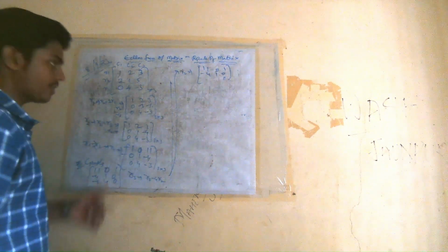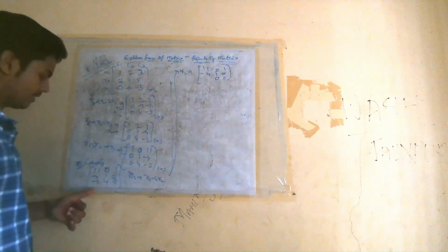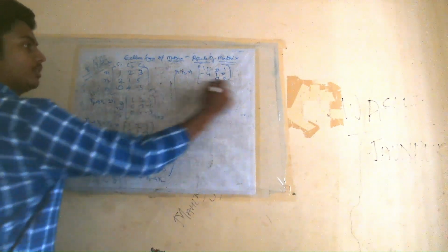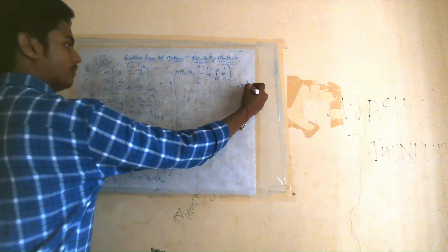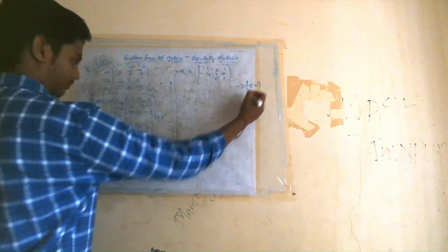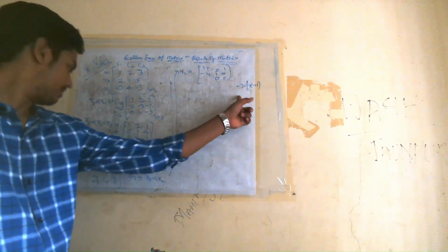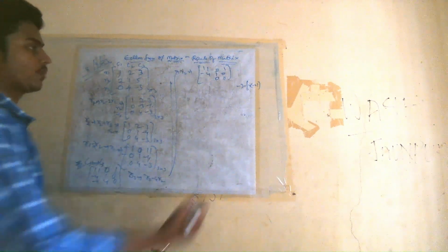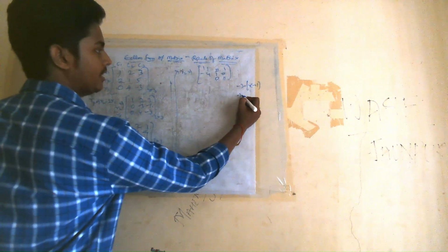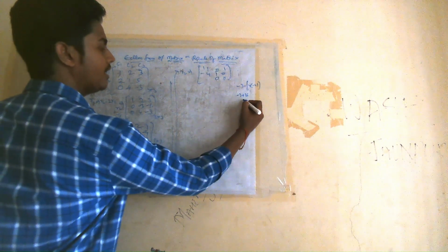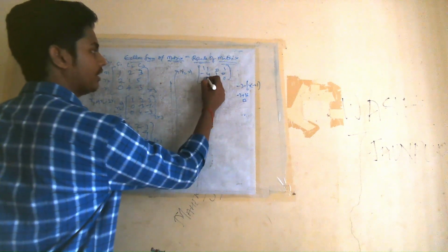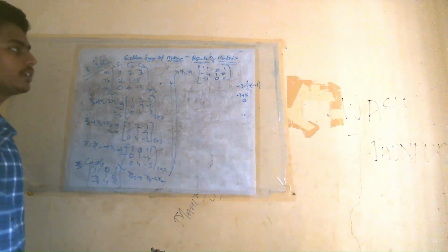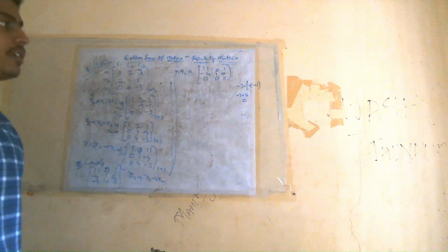And 4 minus 4 is going to be 0. And minus 3 minus 4 times minus 4 is, R3 minus 3 minus 4 times R2 minus 4. So, minus 3 plus 16, that is 16 minus 3 is 13. So, we'll get 13.